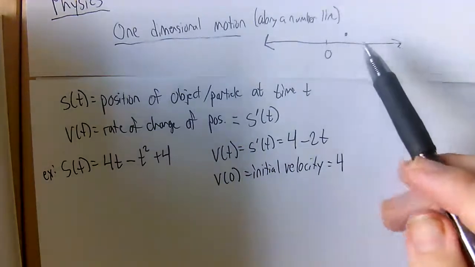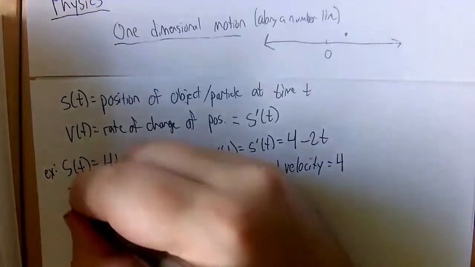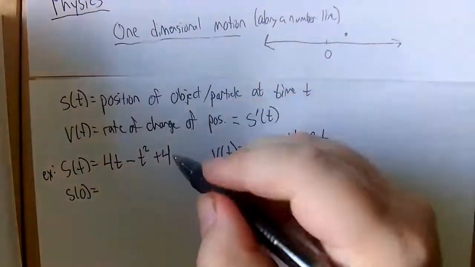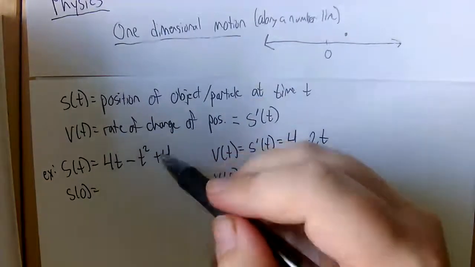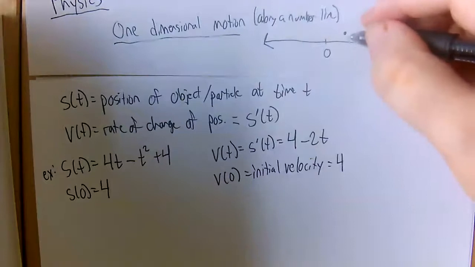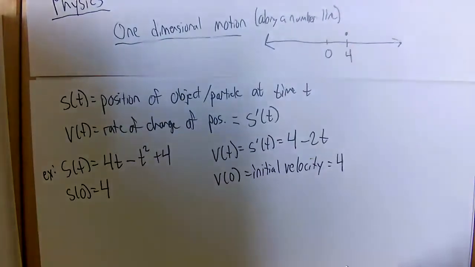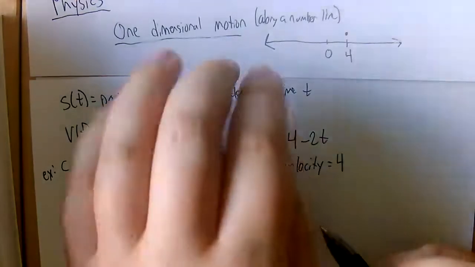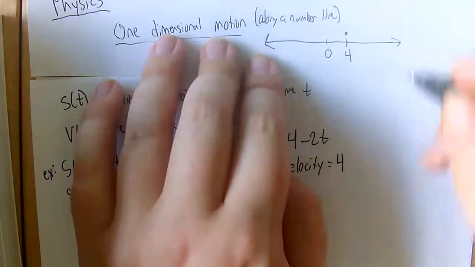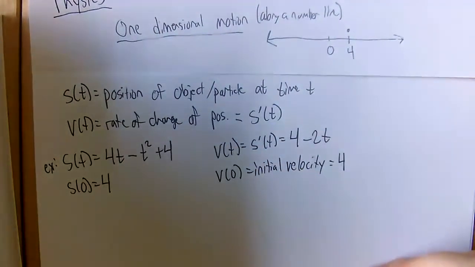We're moving 4, so we're going to be going to the right here. Now, what about our initial position? Our initial position, we plug 0 in here, and we also get 4 for this. What does that 4 mean? If we go to this picture here, our little particle starts at a position of 4. And what it's doing right at the very start is it's moving this way at 4 units per second here.